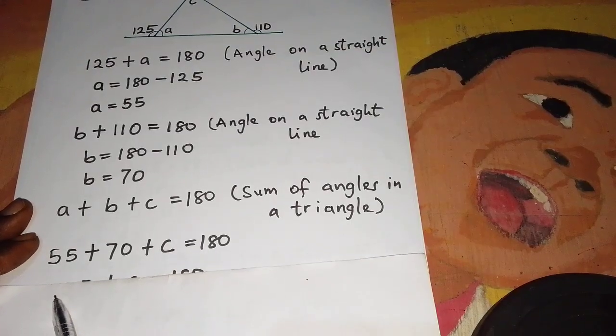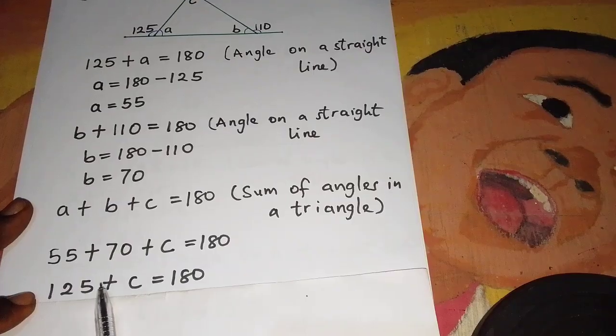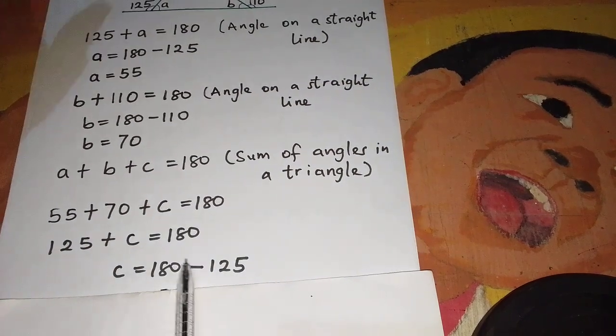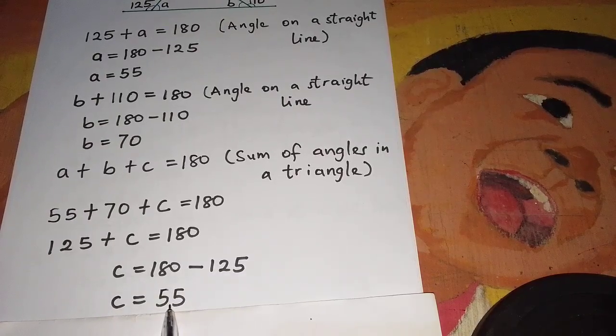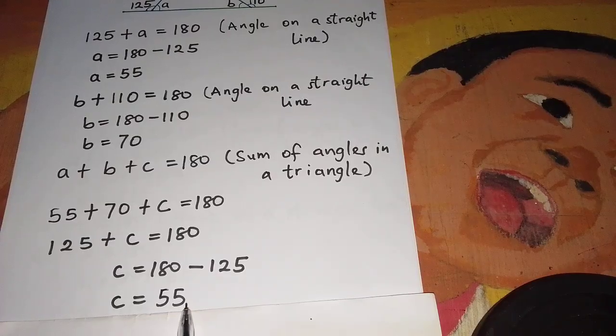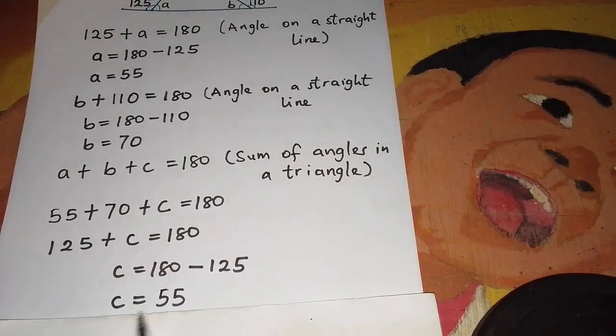If you add 55 plus 70, it will give us 125, plus angle C should be equal to 180 degrees. Let's now bring this 125 to the other side. So 180 minus 125 will give us 55 degrees. So then the value for angle C is 55 degrees.